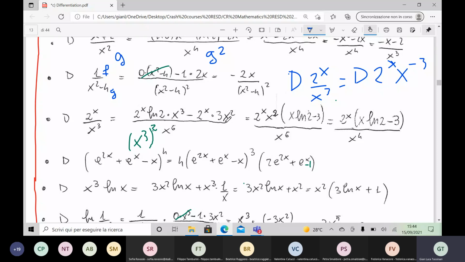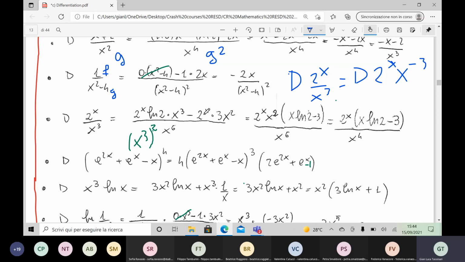Okay, can we rearrange a little bit? Look at the numerator. Can we collect something? Well, you see, you have 2^x here and 2^x here. You can collect also x squared. So you can collect 2^x times x squared. Then here you have x times ln of 2. And here you have minus only 3.